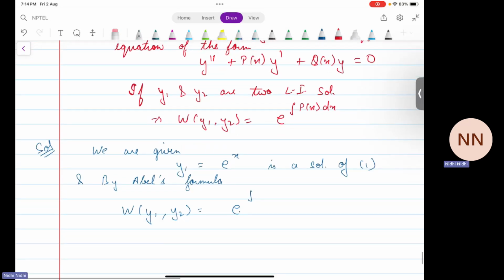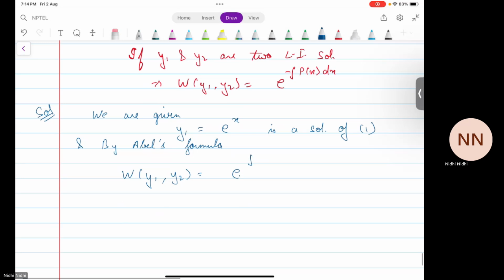Sorry, in this formula here we had a minus. So we will have the integration of (2x minus 1) by x dx, which gives us e to the power 2x plus ln x.